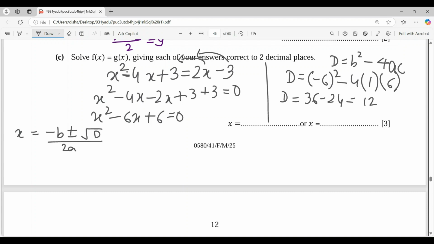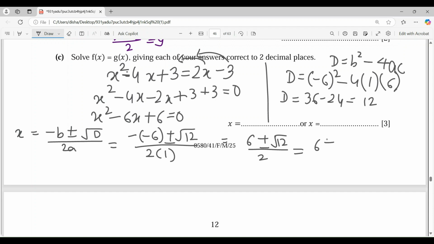So x will be equals to minus of minus 6 plus or minus root 12 upon 2 into 1. So that is 6 plus or minus root 12 upon 2. Root 12 can be written as 2 root 3, so 6 plus or minus 2 root 3 upon 2. I'm taking out 2 common, so 2 into 3 plus minus root 3, the whole upon 2.